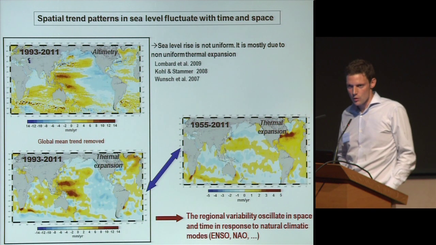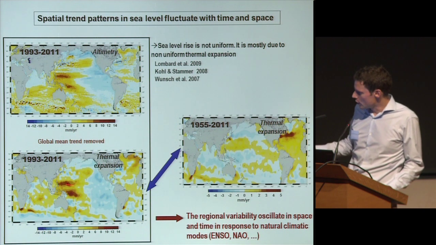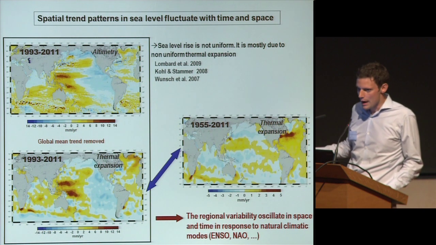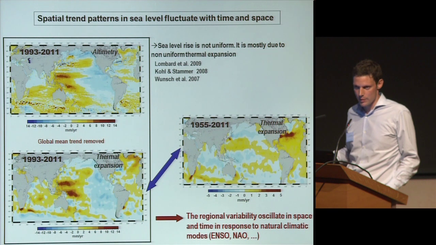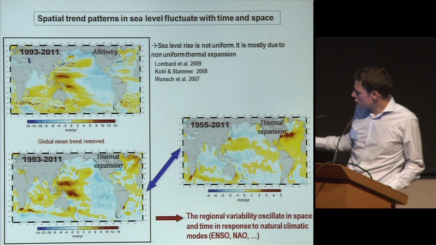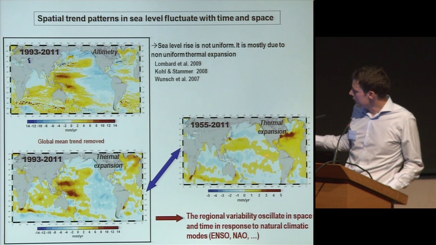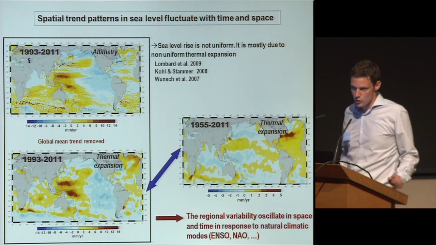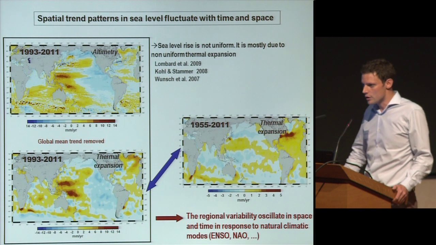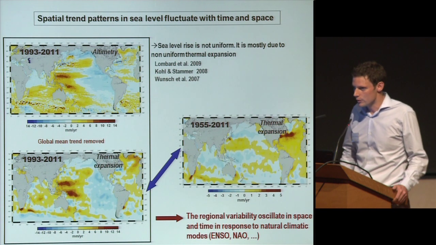Besides this result, we know that the patterns we observe in thermal expansion have changed with time and space in the past. We have indications, thanks to measurements in temperature and salinity, that the patterns over the last 6 decades in thermosteric sea level were significantly different to what we're observing today over the last 20 years. They have changed in response to the main climate modes of variability, such as ENSO or NAO.